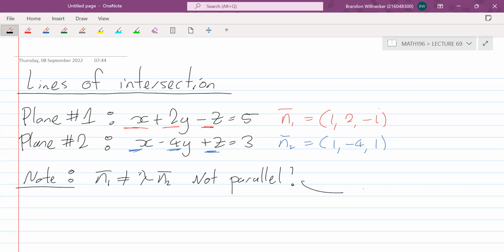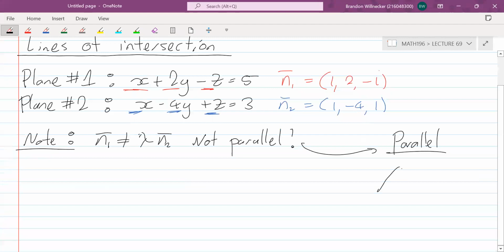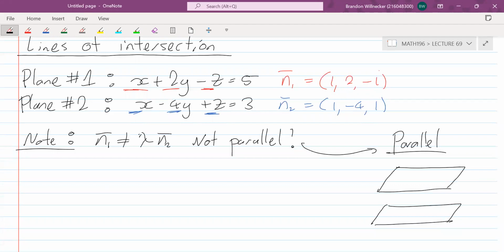Okay, so remember what parallel means. If we have one plane on the top, one plane at the bottom, they are in line with each other, and so there's no intersection. It's the same as if you had parallel lines, they wouldn't intersect.